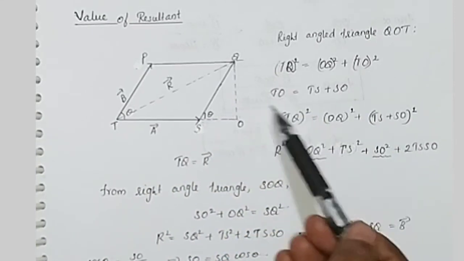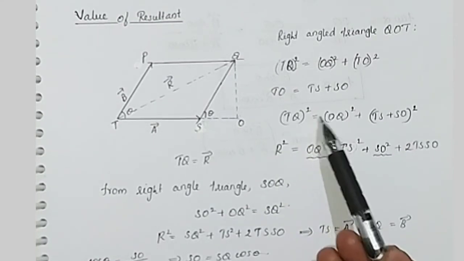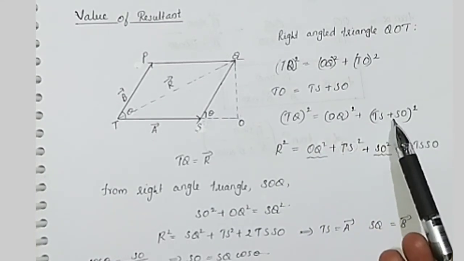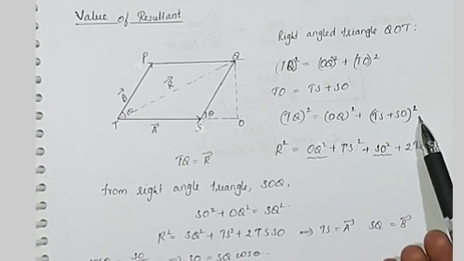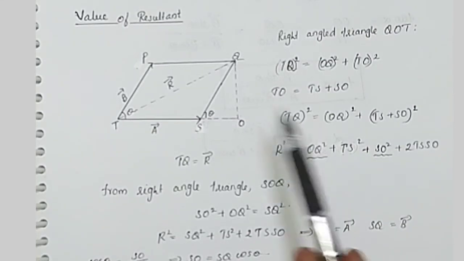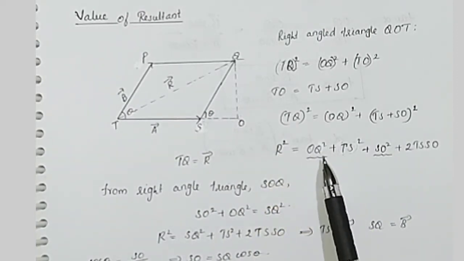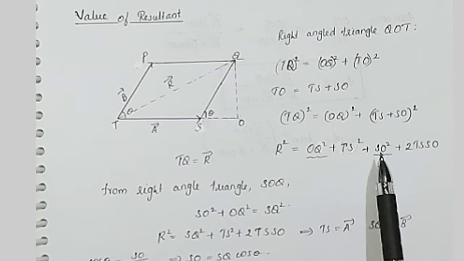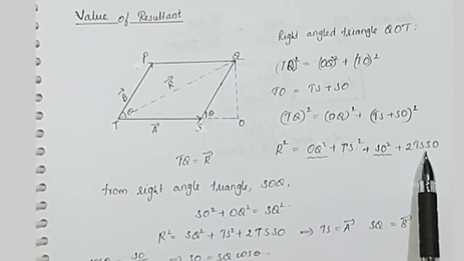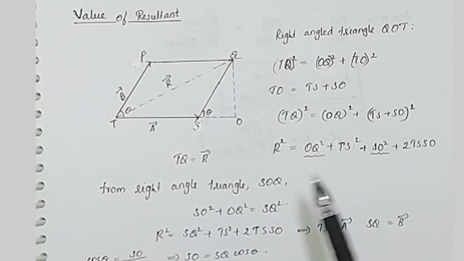So TQ square can be written as OQ square plus TS plus SO the whole square. Now expanding this, we know that TQ is the resultant, so we can write R square is equal to OQ square plus TS square plus SO square plus 2TS SO, by applying the A plus B whole square formula.